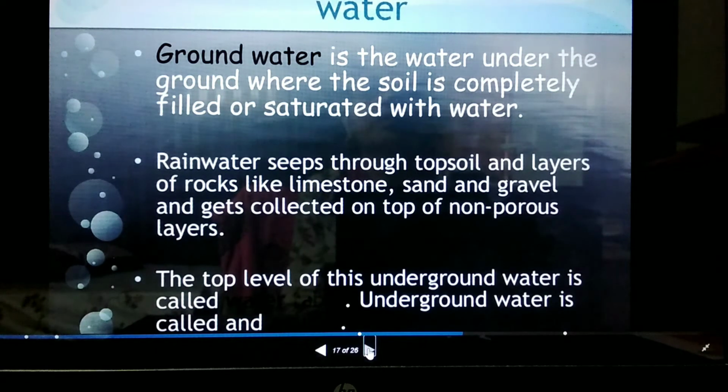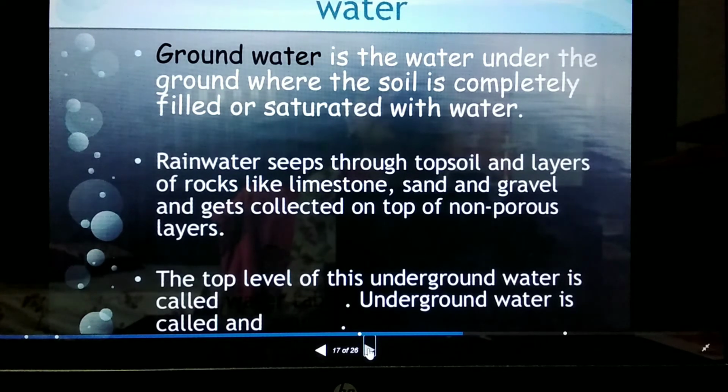or subsoil water. Groundwater is the water under the ground where the soil is completely filled or saturated with water. Rainwater seeps through the topsoil and layers of rocks like limestone, sand, and gravel and gets collected on top of non-porous layers.